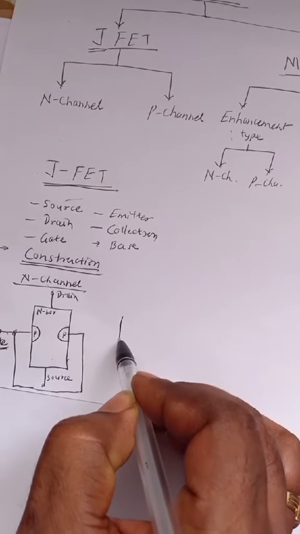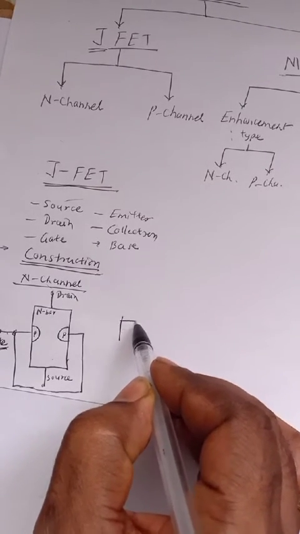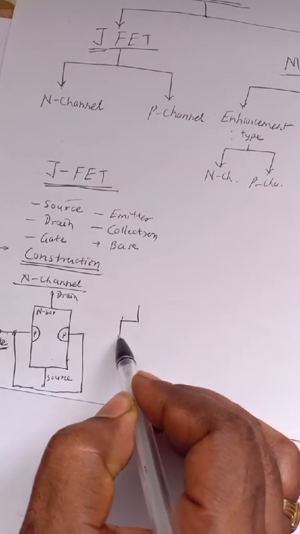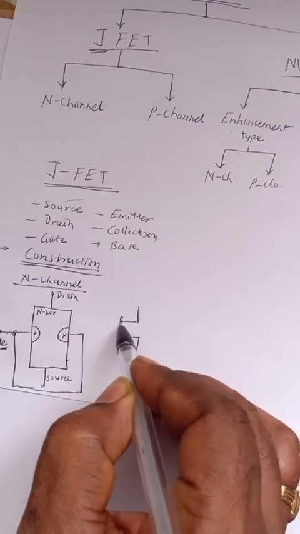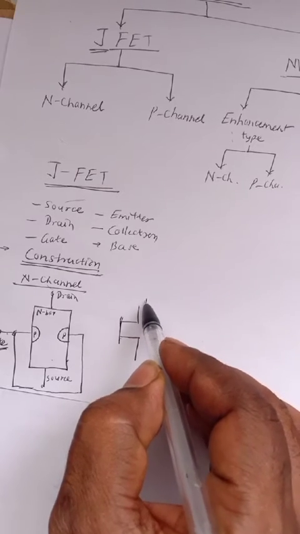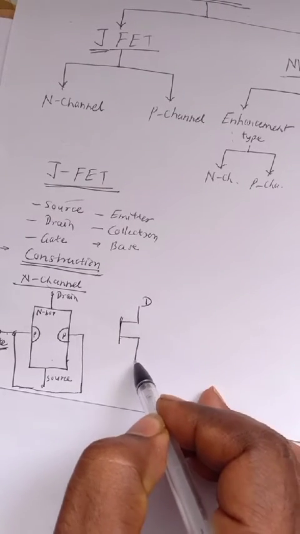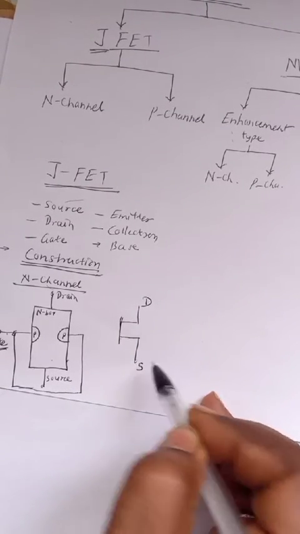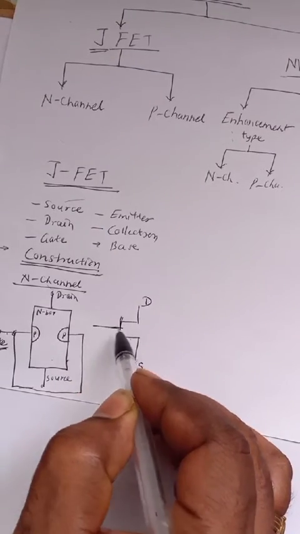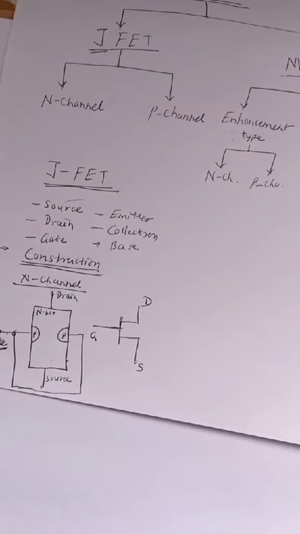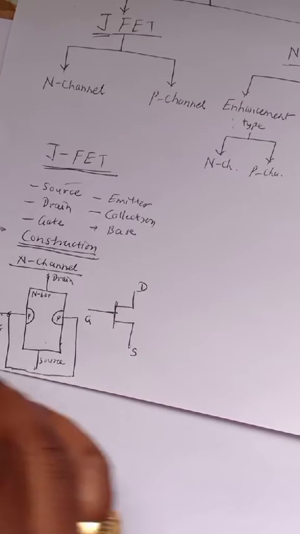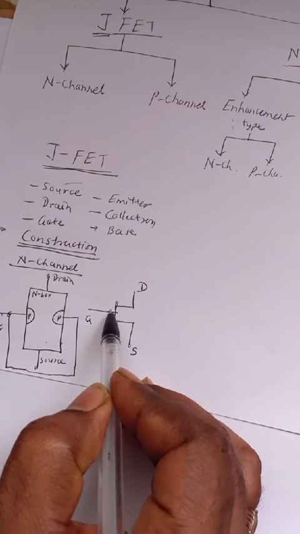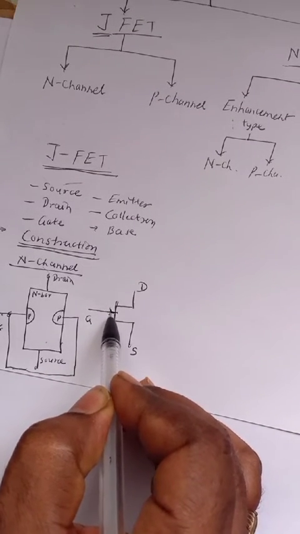Okay, so let us see here. This is a drain, this is a source, and this is a gate. Okay, there is an arrow mark on the gate lead.